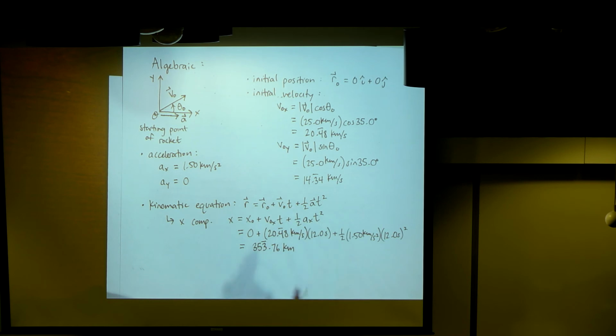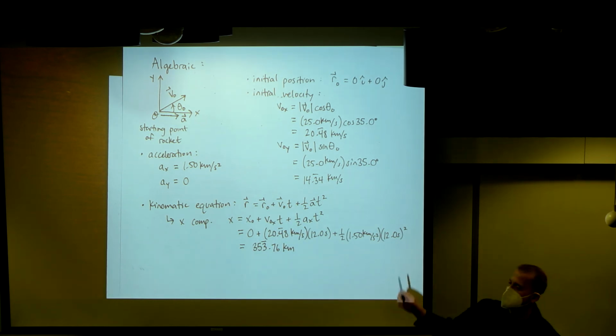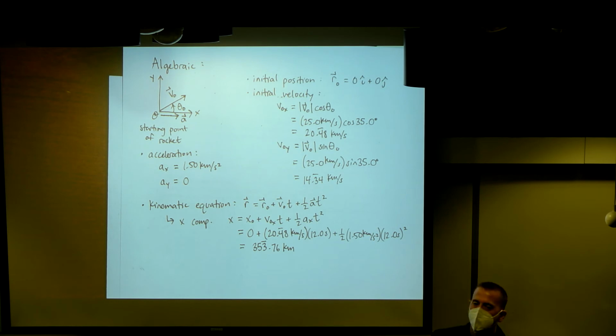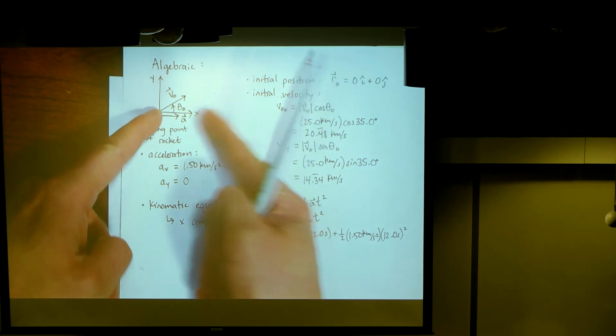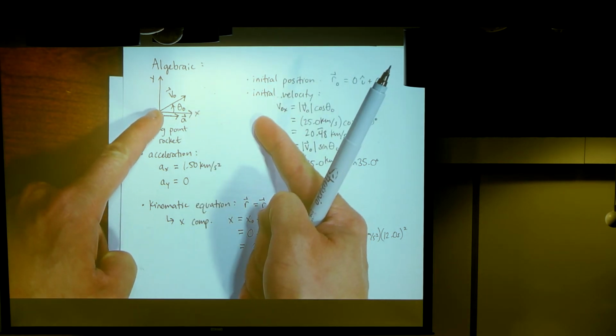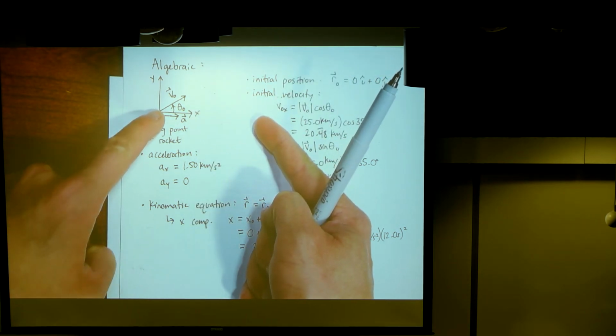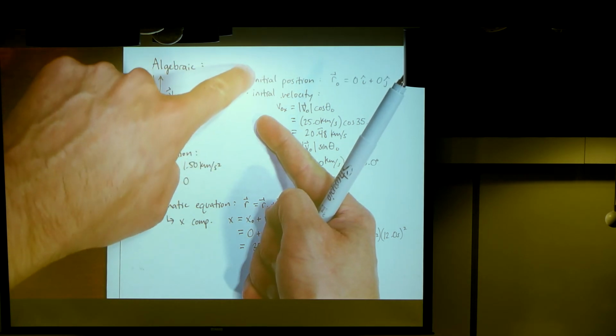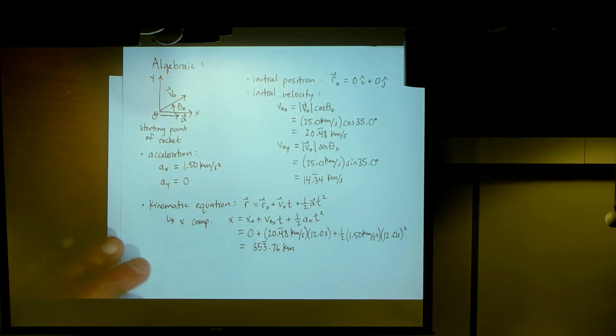And we'll actually keep 3 sig figs just to keep track, but we'll round that off later at the end, okay? Now what does this tell us? That tells us that we moved this distance along the x-axis during this motion. Okay, but we don't know how far we moved along the y-axis, so we need to write down a separate equation to get that.